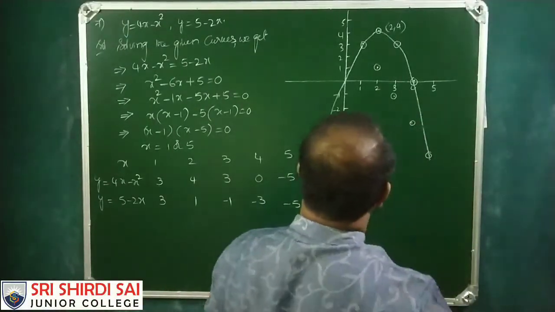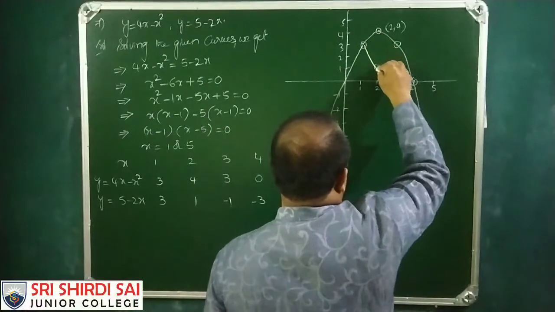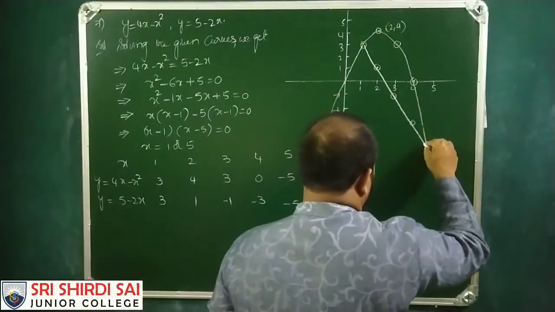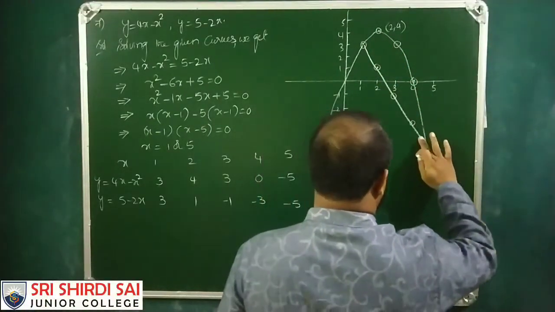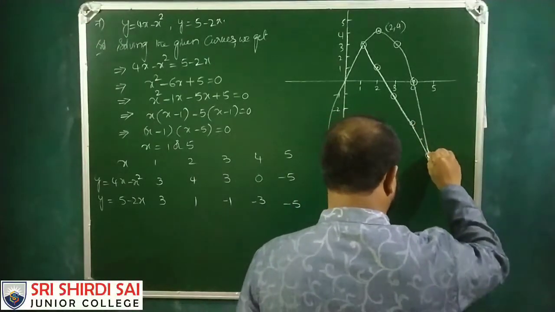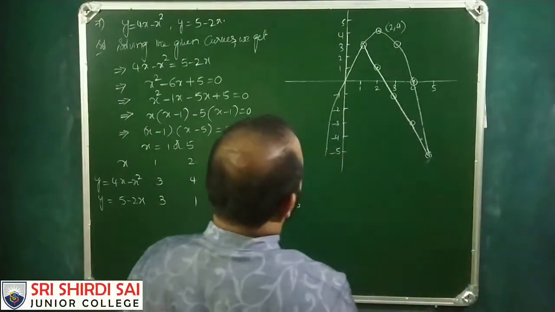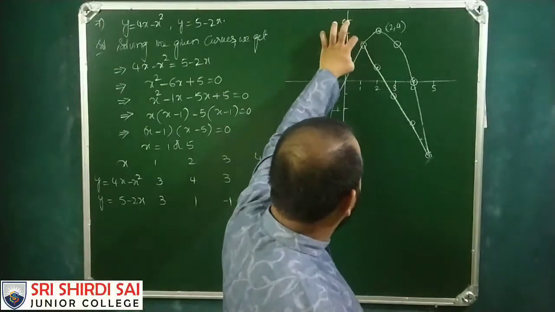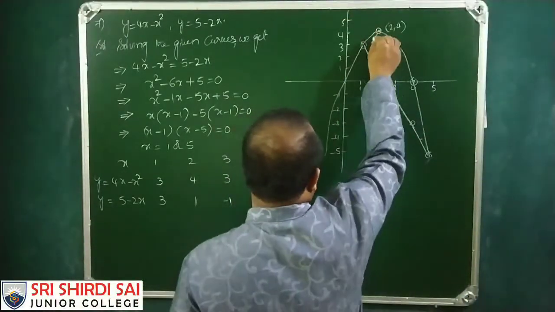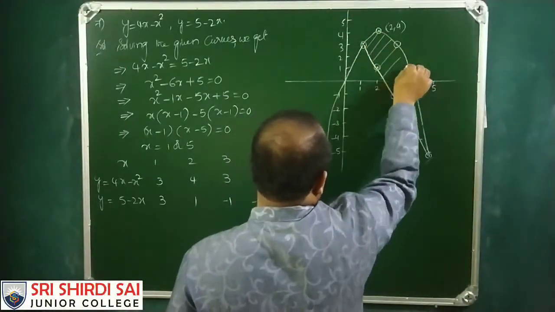So both are intersecting at this curve. So this is a straight line. That means both are intersecting at this point and this point. So this area of the region is what we need to get.